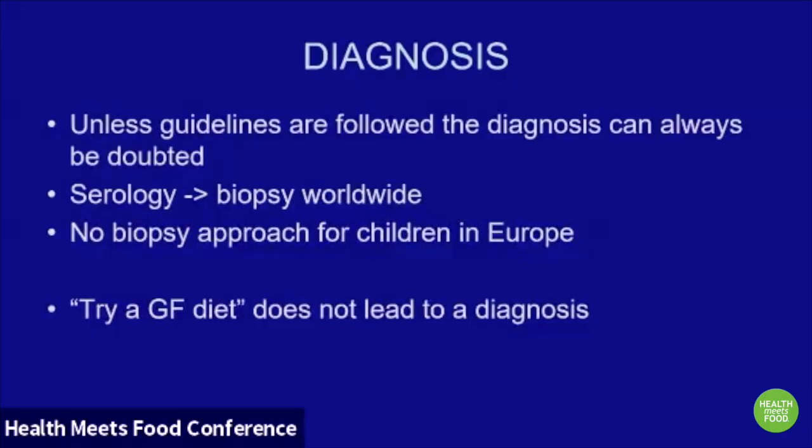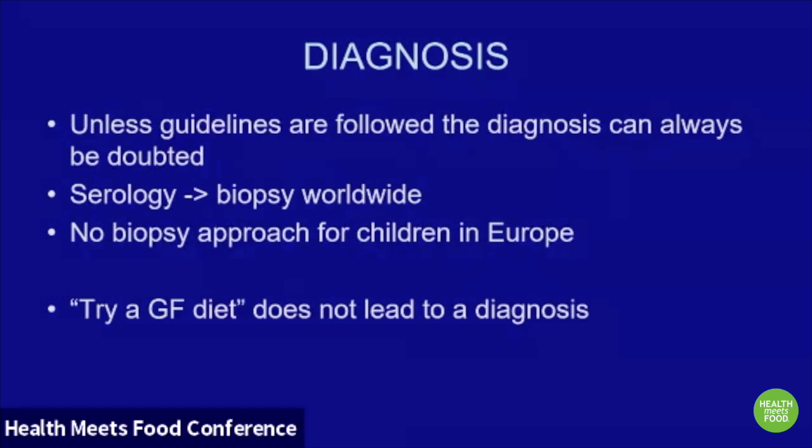This is a very serious issue, putting kids on a gluten-free diet unnecessarily, because the diet becomes the big factor in the management of celiac disease, and it's the diet that affects the quality of life of individuals.